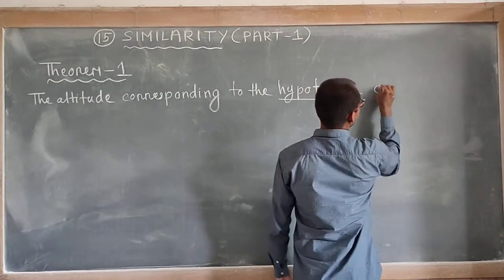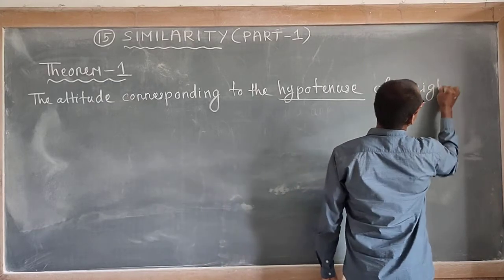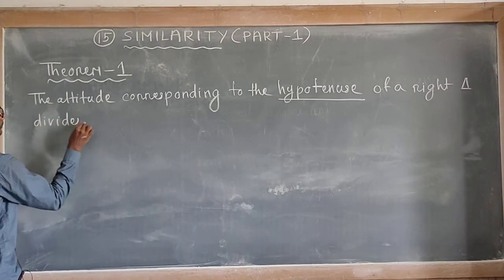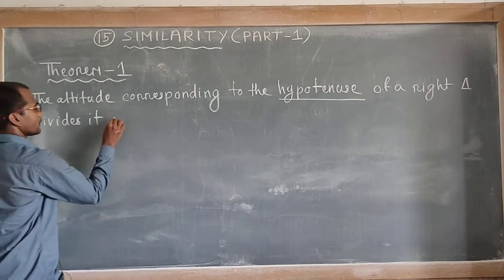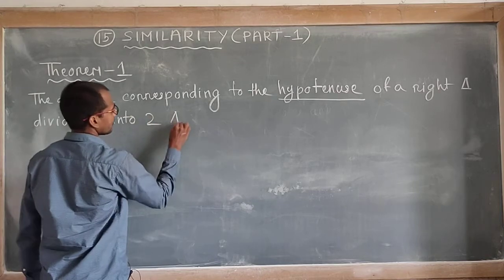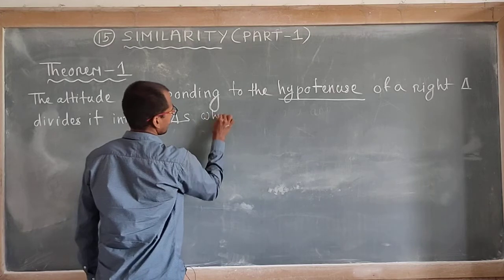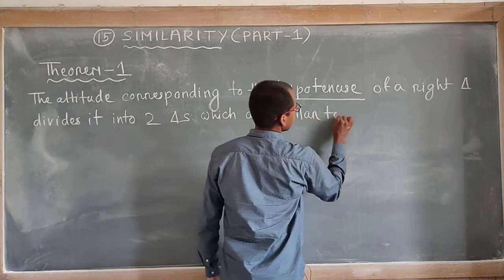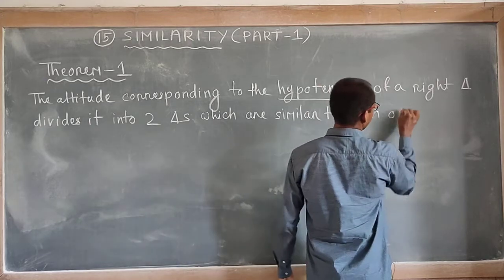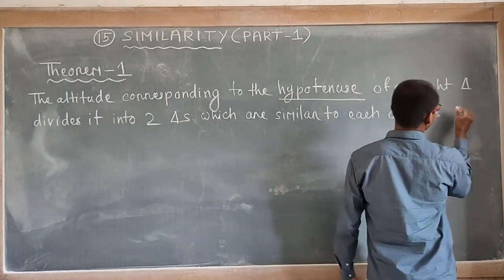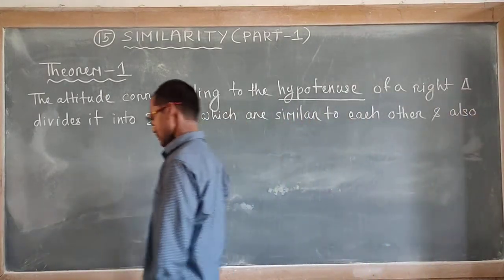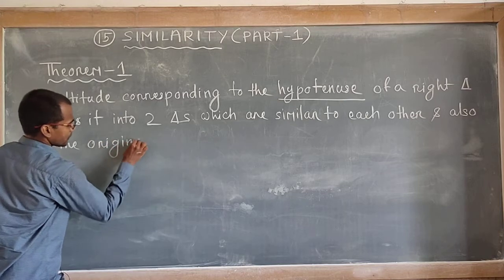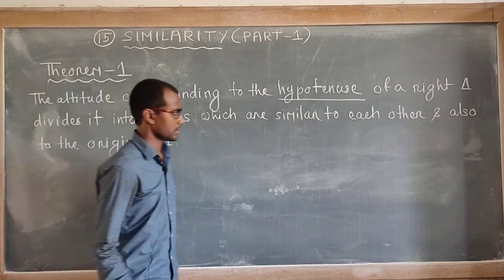So, the altitude corresponding to the hypotenuse of the right triangle divides it into two triangles which are similar to each other and also to the original triangle. So read it and try to understand.